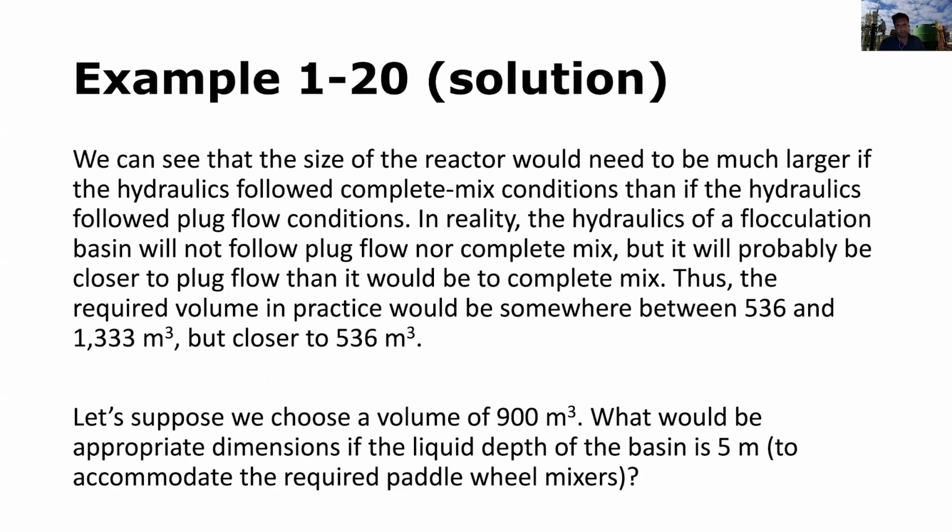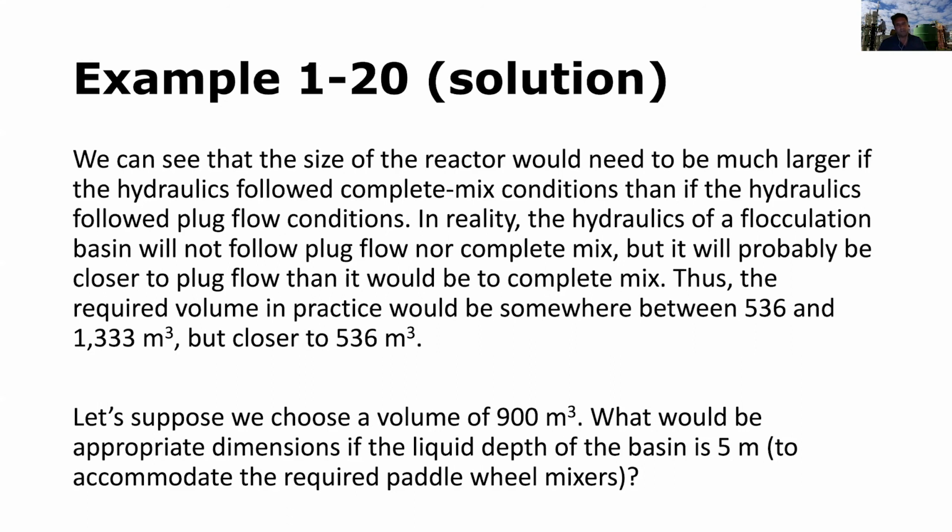Now, in reality, of course, the hydraulics of a flocculation basin will follow neither plug flow nor complete mix, but it will probably be a little bit closer to plug flow than to complete mix because they tend to be designed as reactors that are very long and narrow, so getting a little bit closer to plug flow conditions.